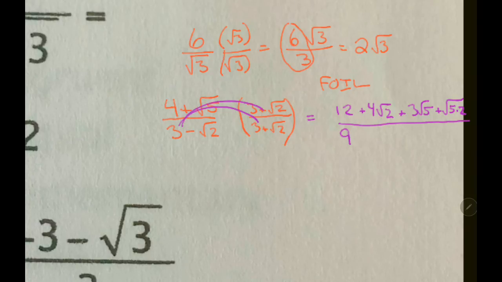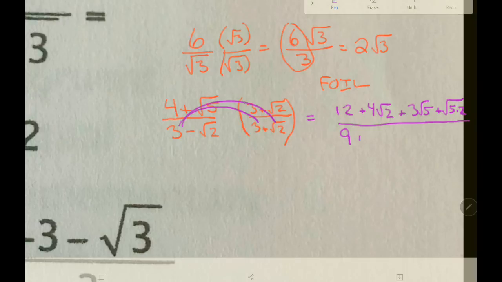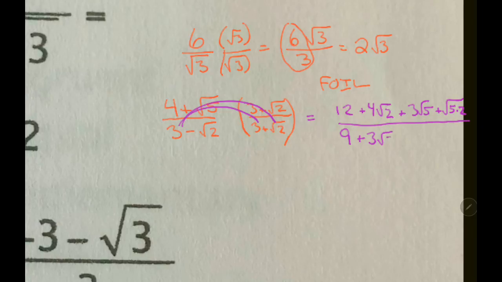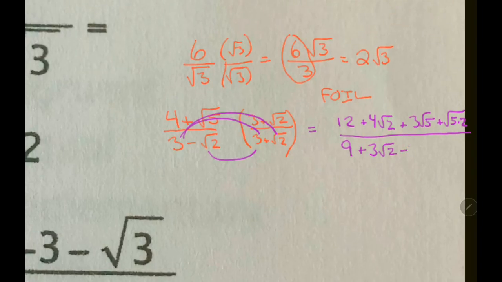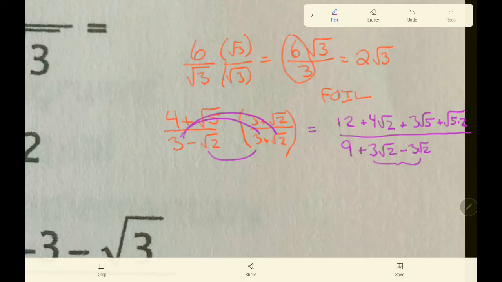And outside is 3 times square root of 2. That's 3 square roots of 2. The inside is negative square root of 2 times 3. That's minus 3 square roots of 2. And you can see those two middle terms are going to cancel out. That's why we do it this way. They're always going to cancel out.